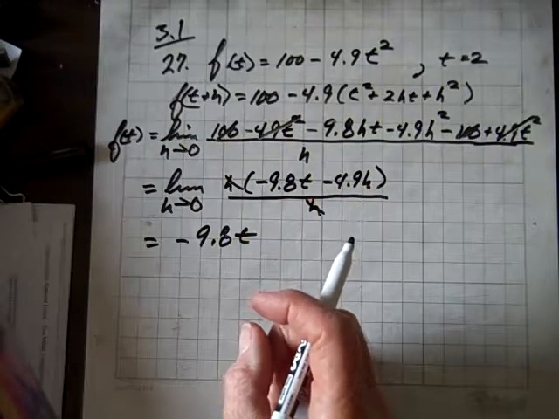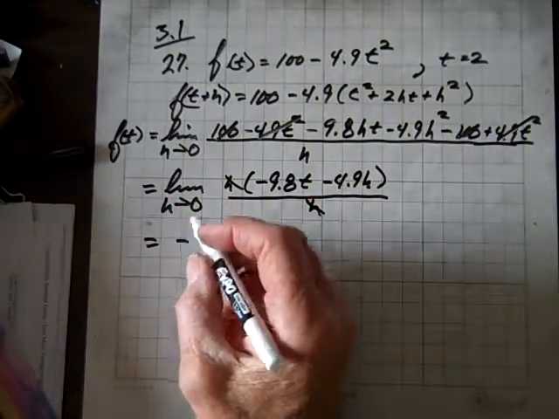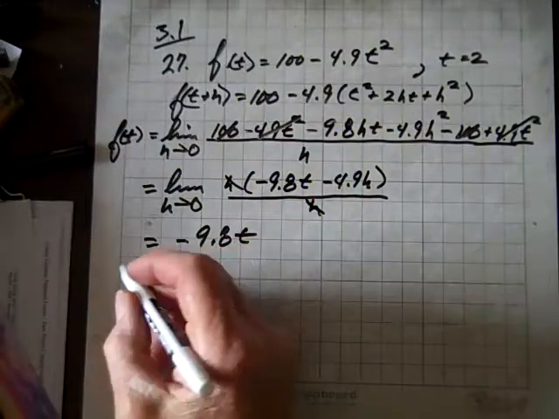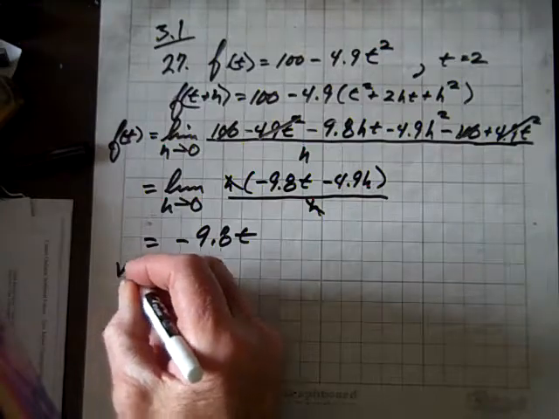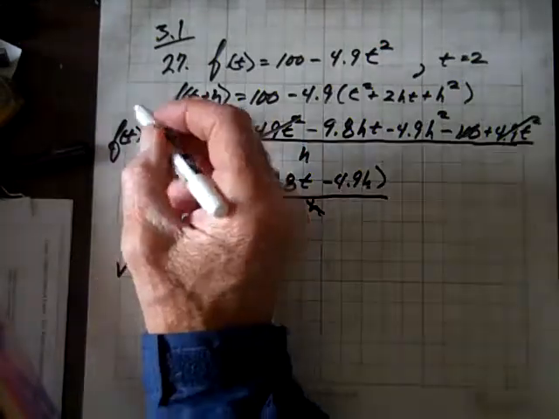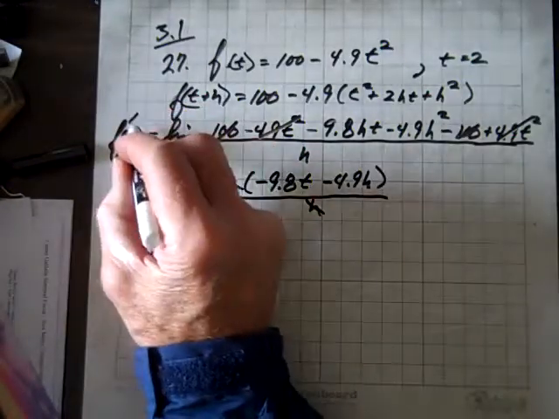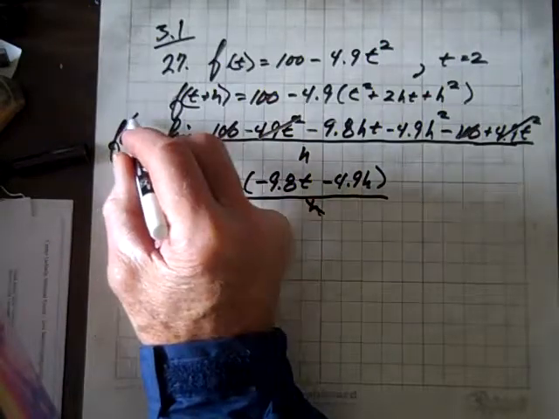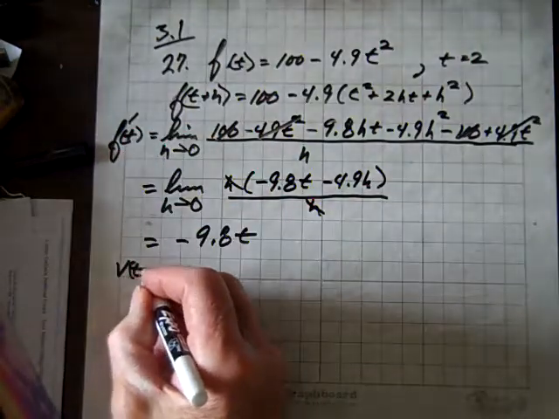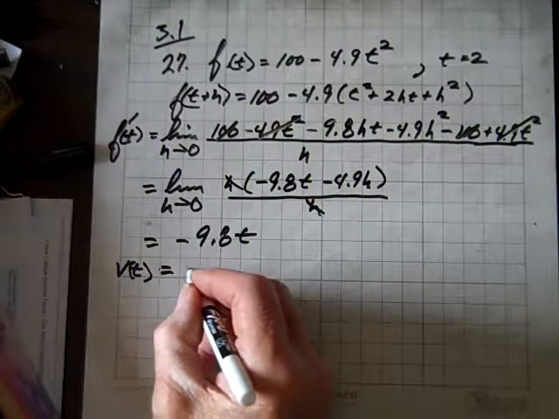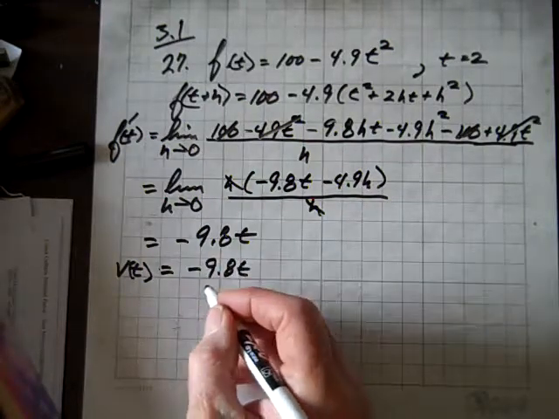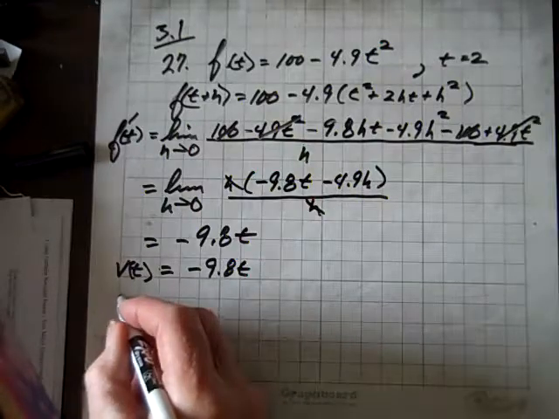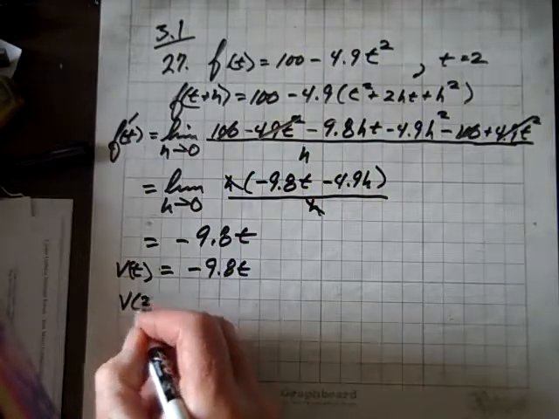Now we want to know how fast. This is also the velocity, so v of t is f prime of t. That's the velocity, and that's negative 9.8 t. And now, what's the velocity after 2 seconds?